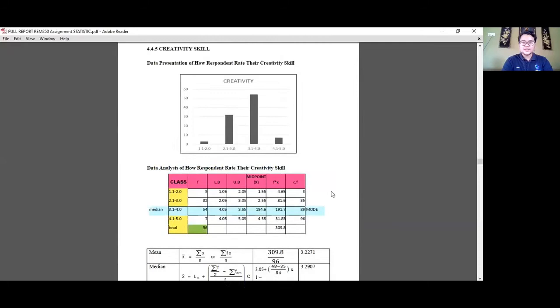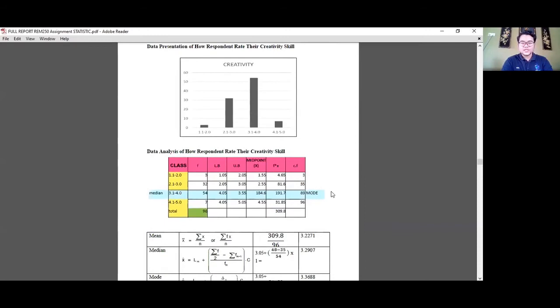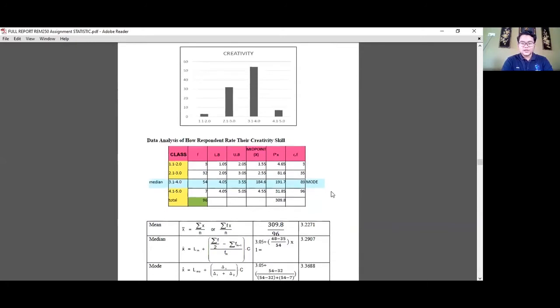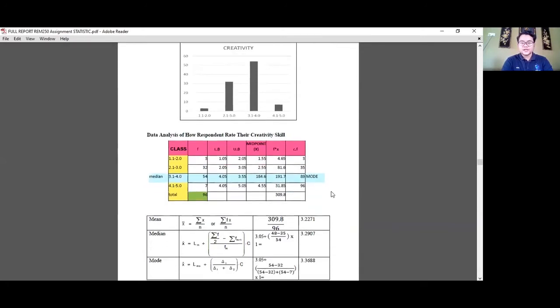As you can see here on the topic of creativity skill, the data presentation of how respondents rate their own creativity skill, we can see here the most frequent answer for this creativity skill is in the 3.1 to 4.0 class. The frequency is 54 respondents ticking in this column, and the cumulative frequency is about 89.